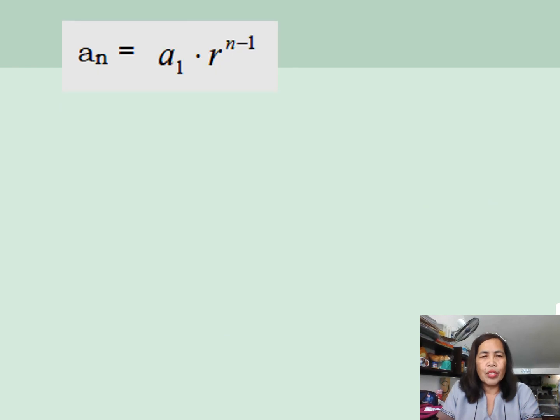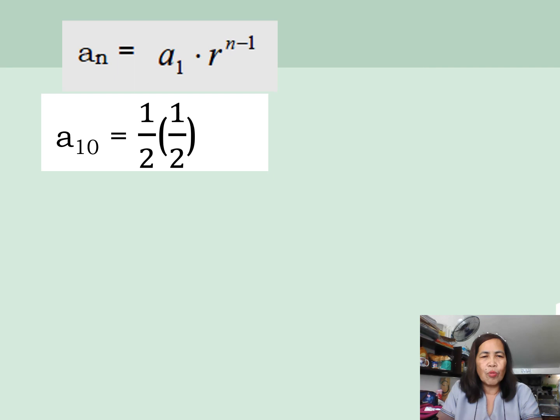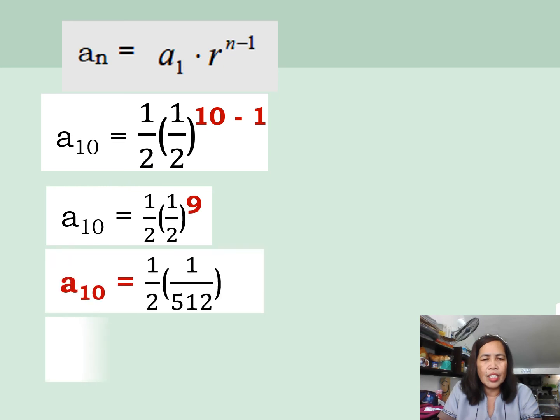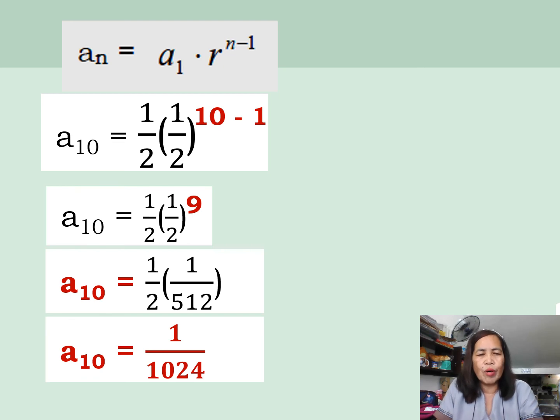And then substitute it to the formula. We are looking for the 10th term. So 1/2, the first term, times 1/2, the ratio, raised to the exponent n, which is 10 minus 1. Simplifying, we'll get this. And so finally, we have 1/1024. Or you can expand this without using the formula. You may do so.